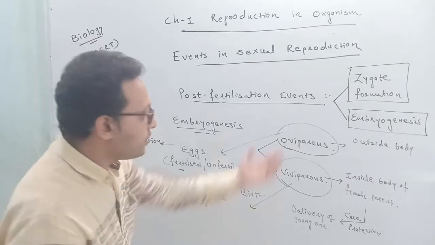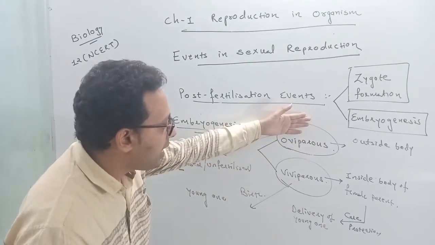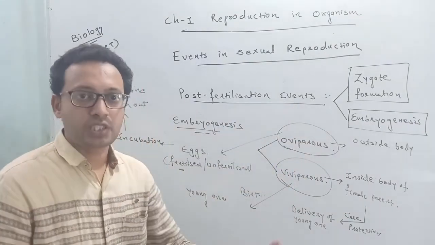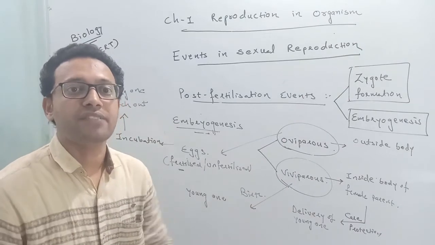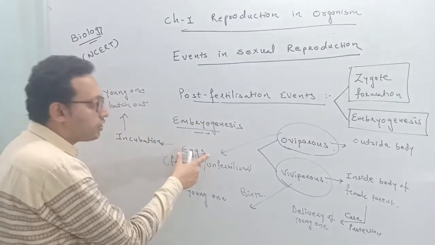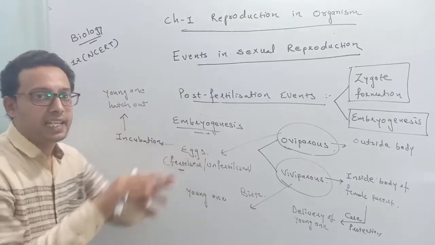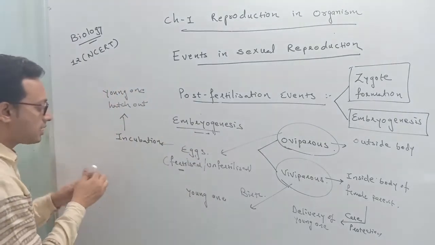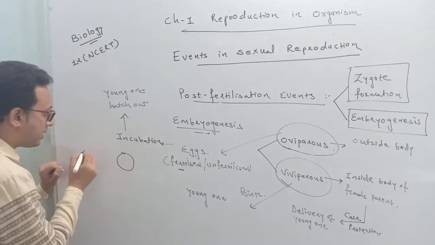Now, which is better, oviparous or viviparous, in which there are more chances of safety? In the case of oviparous animals, they give eggs, and these eggs are covered by calcareous shells.